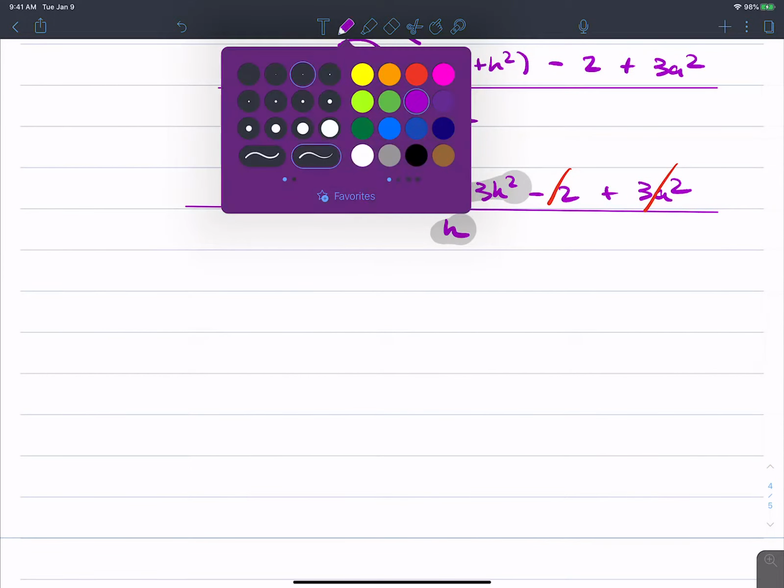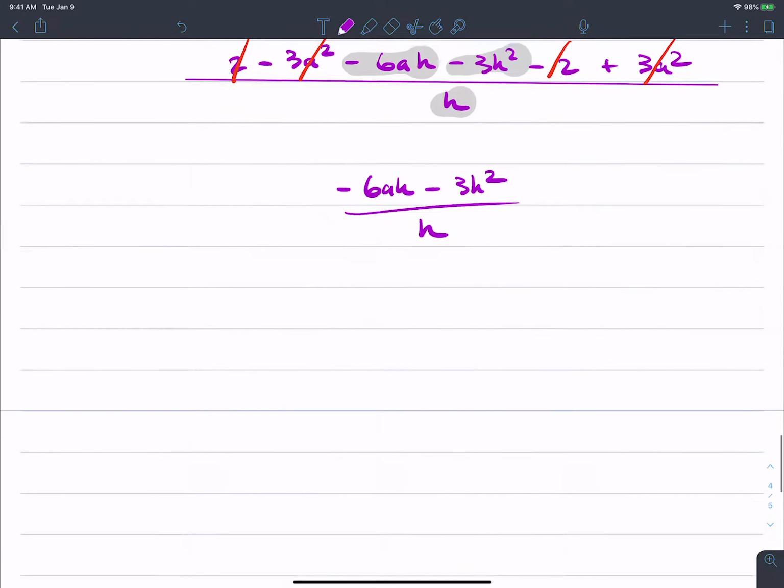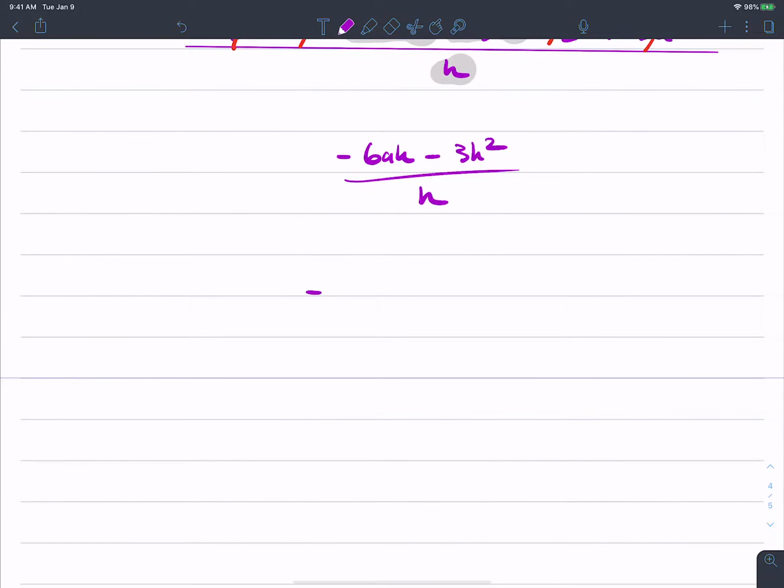Yeah, we'll continue with the purple. And you say, do I distribute the division? Yes, h is dividing both terms. And that gives you minus 6a minus 3h, because one of these h's cancels.